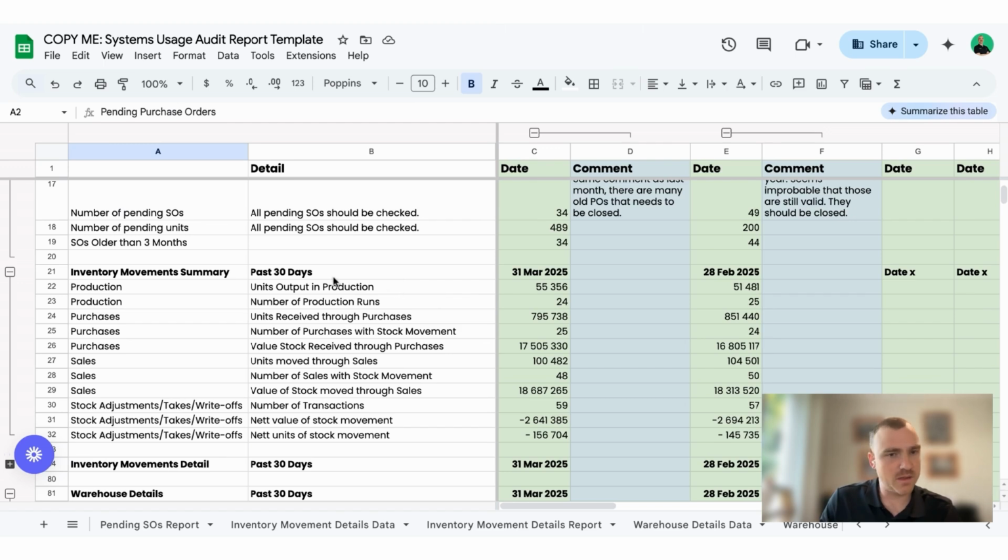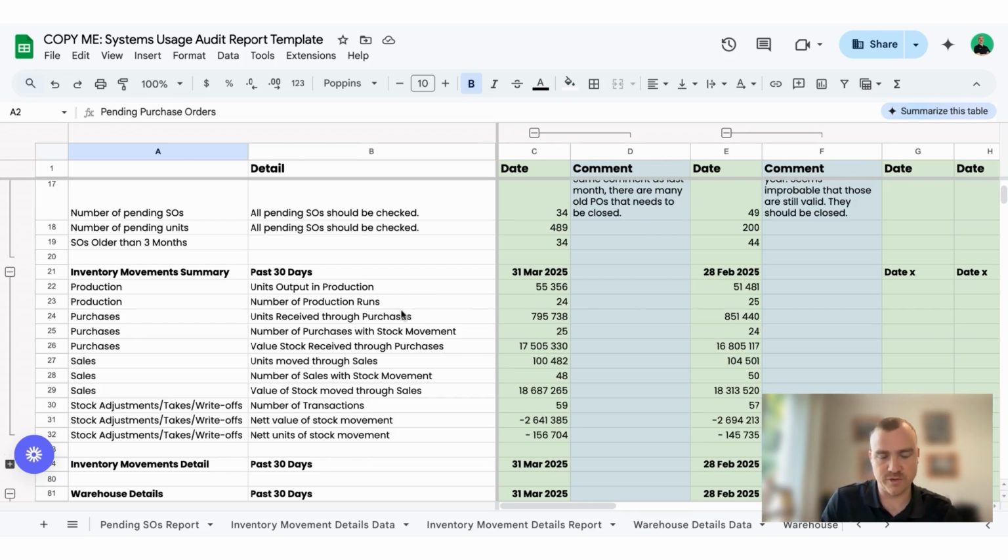You might have some benchmark in your mind that you need to hit, but it's also just good to verify this. So if you, for instance, have a feeling that you should be producing between 50 and 60,000 units, and you end up producing 30,000 units in that month, it might be an indication that you haven't actually captured, or your team hasn't actually captured all the production runs. So once again, just something to look at.